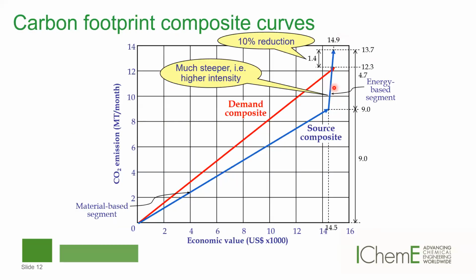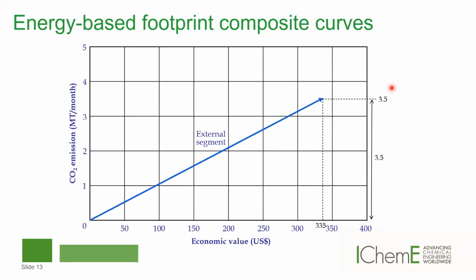So the next step is to decompose. Okay, when you say decompose, diba, break into their smaller parts. We decompose this segment into, ayan, ito na, into their smaller parts, which is first external, this is the electricity, and internal, this is steam.